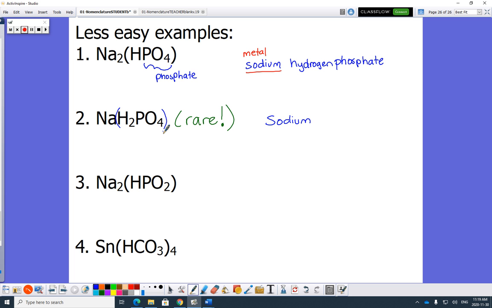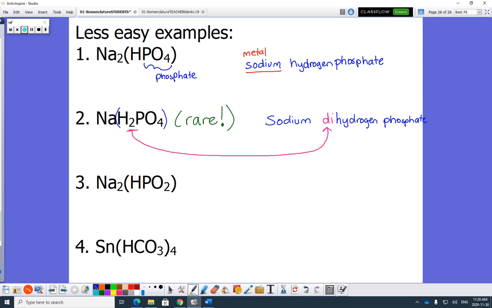So what we're going to write, if you like colors, pick a different color. Because phosphate has a charge of -3, you can keep going and add more and more hydrogens to it. But again, that kind of question is rare, rare, rare.